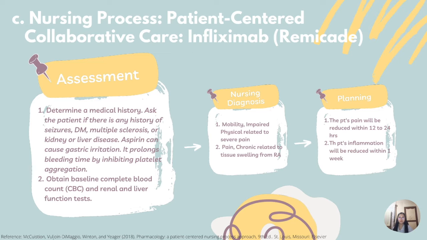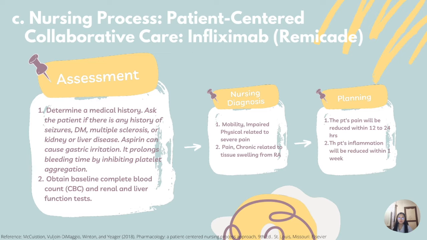For the assessment, we should first determine the medical history of our patient. We're going to ask our patient if there is any history of seizures, diabetes mellitus, multiple sclerosis, kidney or liver disease. Aspirin can cause gastric irritation, and it prolongs the bleeding time by inhibiting platelet aggregation.